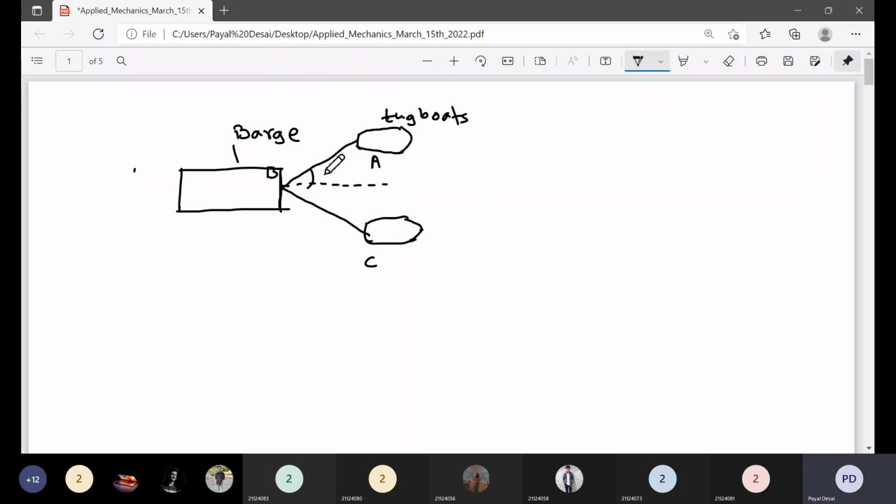Fine. So this is the information which is given to us. This angle is alpha. Let me write the instruction. A barge is pulled by two tugboats.